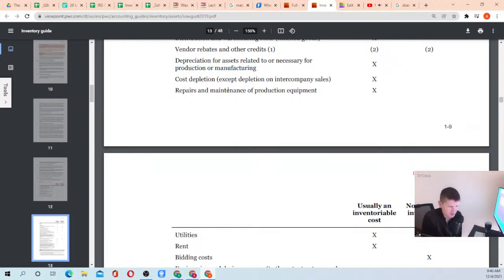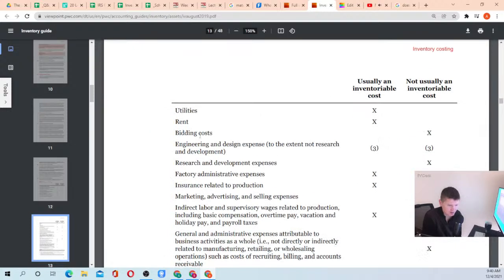Cost depletion is almost the same as depreciation. Repairs and maintenance, you also capitalize. Utilities, rent, bidding costs. For some reason they do not allow you to capitalize that, but that's in the case when you buy something off the auction.